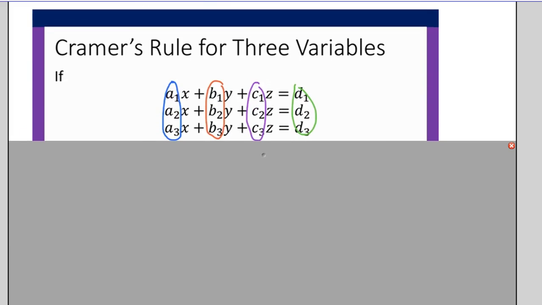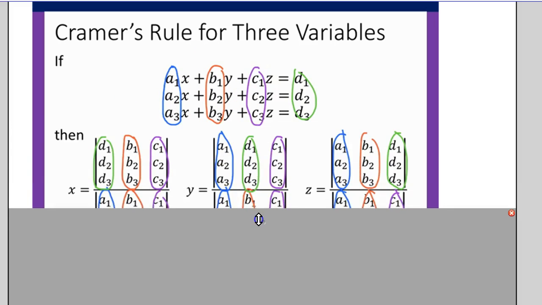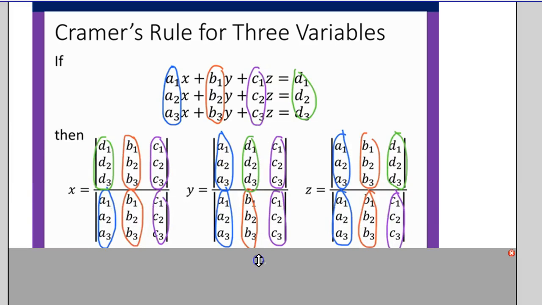Here's another system, but this time with a 3 by 3 matrix. Here our coefficient matrix has 3 rows and 3 columns, and it's made up of A, B, and C. In this case, we're trying to find X, so we replace the X column, instead of A1, A2, A3, with the right-hand side.